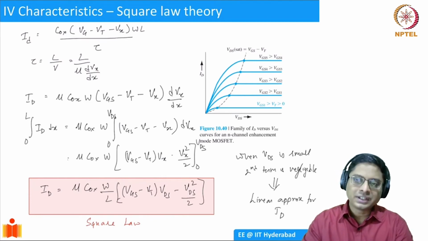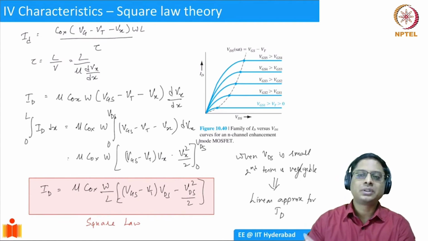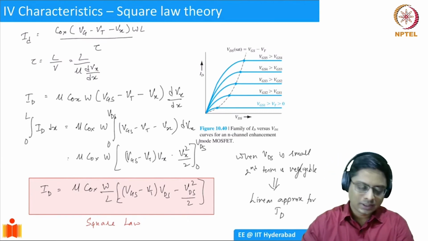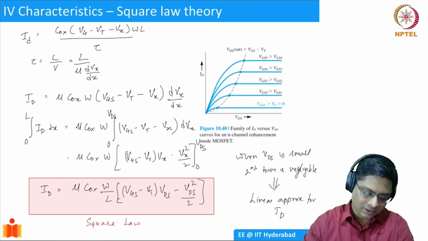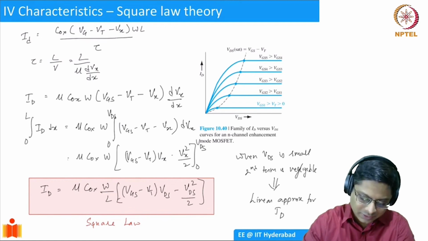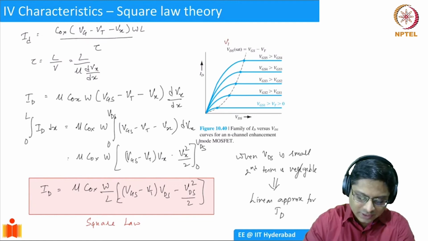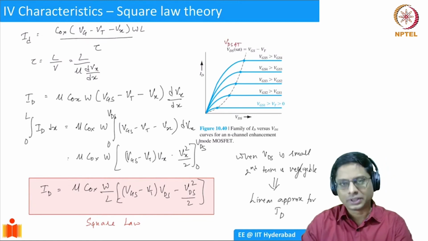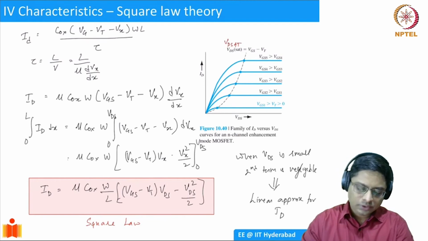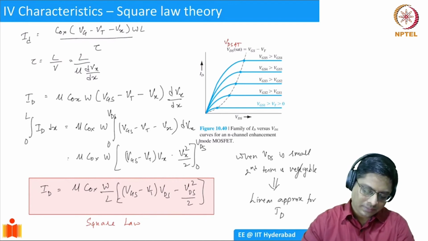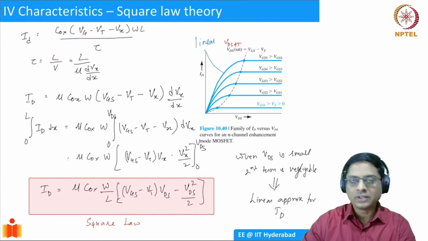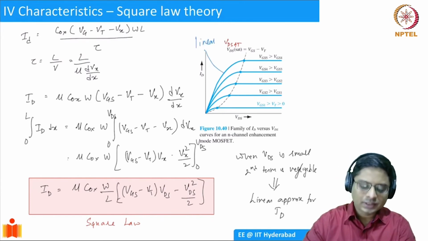What happens as you increase VDS? As we increase VDS, we said that we get to a saturation point. In the figure from the textbook, it is defined as VDS sat, which is VGS minus VT, or sometimes we also refer to it as VD sat, the saturation voltage. So you have two regimes. One is the linear regime. As you go to larger and larger drain voltages, you hit saturation, and then the current remains flat.